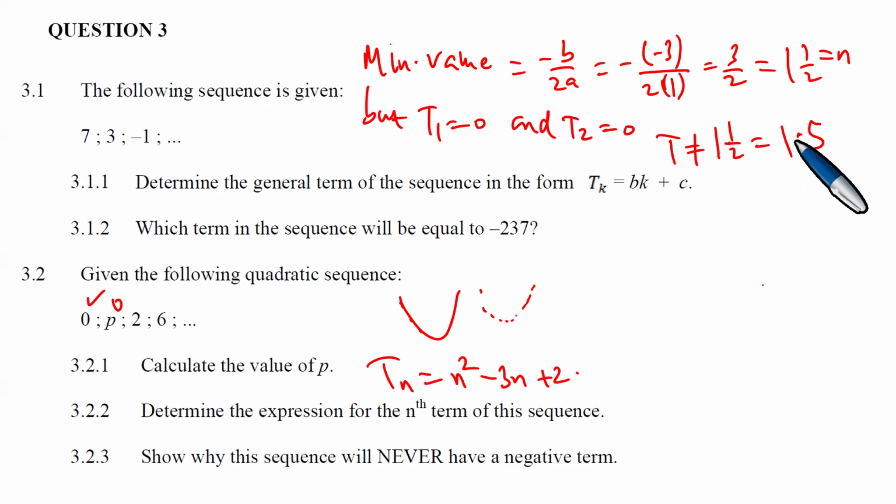And now we cannot say the value of n is 1.5 because we're looking at the number of terms. The number of terms cannot be 1.5.